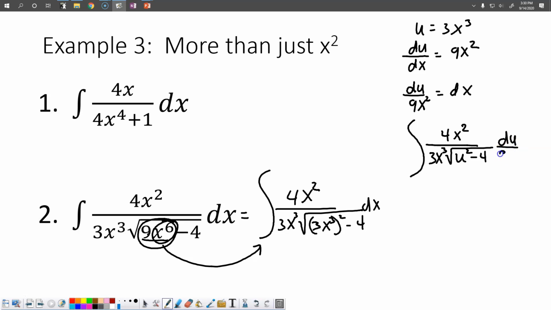What did I get there? 9x squared. So in this case, the 9 and the 4 don't cancel, but the x squareds do, so that's good news.